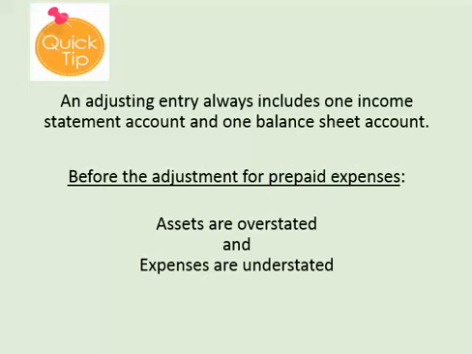So for example, going back to the prepaid insurance, if we didn't make the adjusting entry recognizing the 3 months of insurance expense that had been used up, our prepaid insurance account would be overstated on our balance sheet and our expenses would be understated. So the adjusting entry corrects this and correctly states both the balance sheet and the income statement.